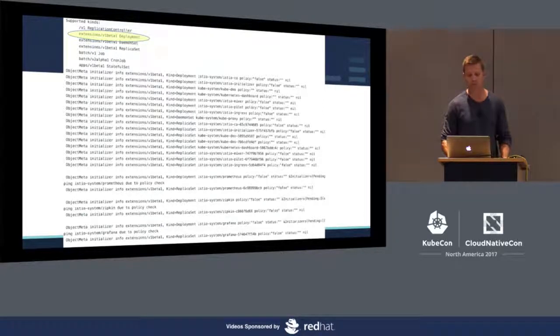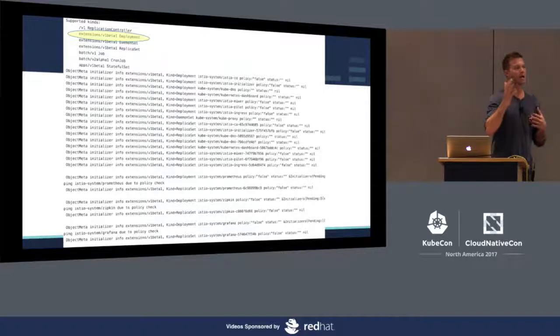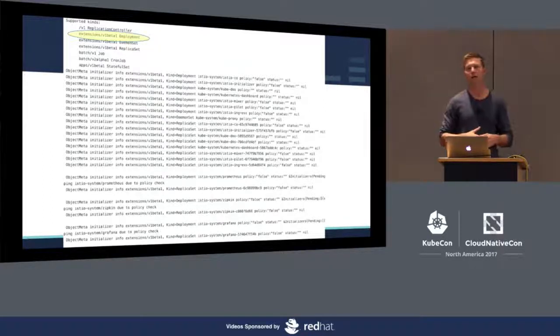And if you see here, I point out deployments, right? If you look at any of the bookinfo examples, deployments are used for deploying the applications. And so we see the supported kinds. We actually use an initializer config to say, here's what I want, the type of resources that I want to use for this pre-initialization. And take a look here, right?